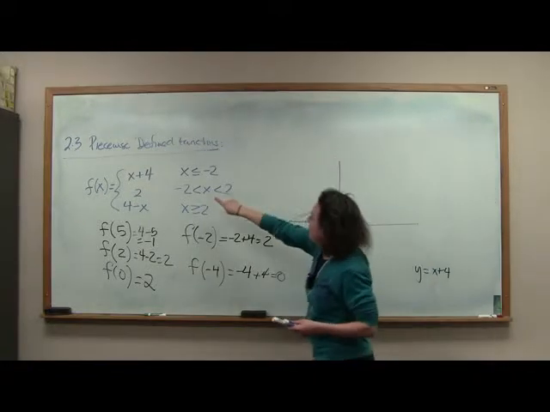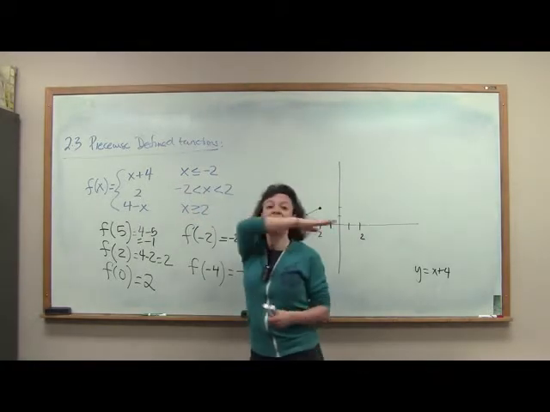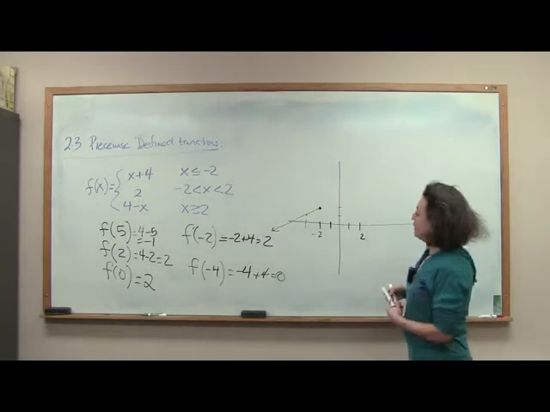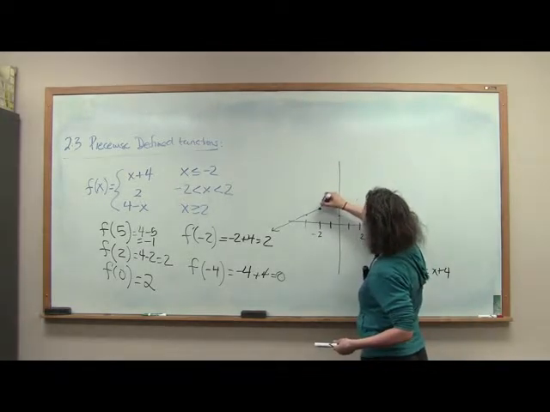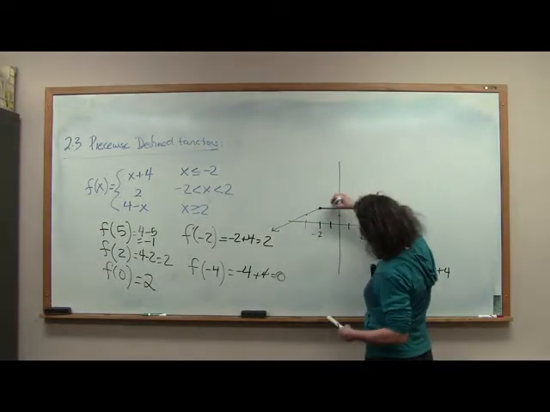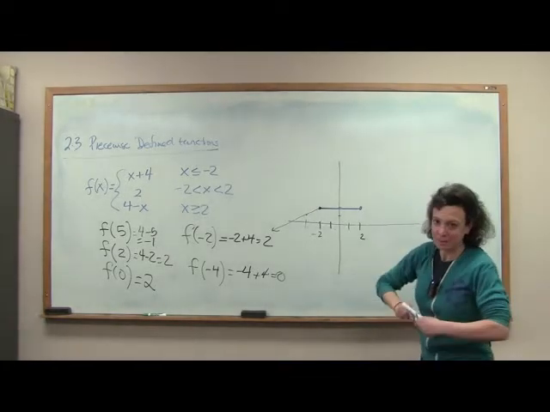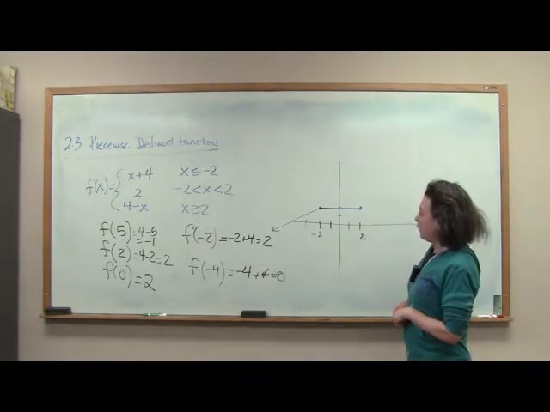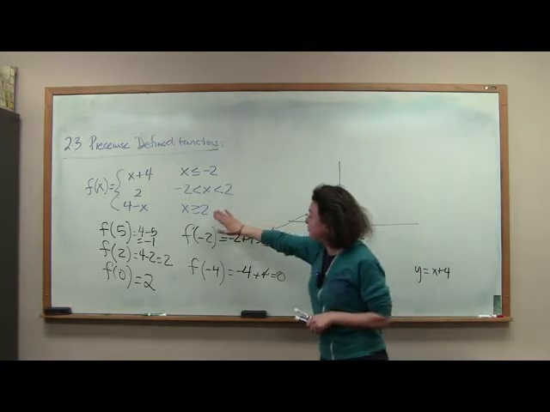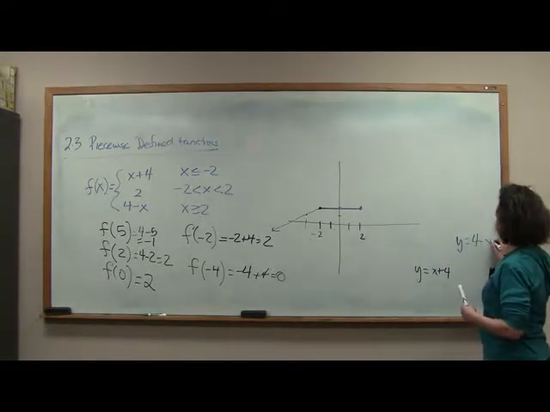Now, we're given that when x is strictly between -2 and +2, we've got a horizontal line at 2, which is really cool because check this out. Normally, we would say, oh, we got to put an open circle here and here. But notice our function actually met each other. I love when that happens. All right. And now, for x greater than or equal to 2, we've got our function to be defined as 4 minus x.